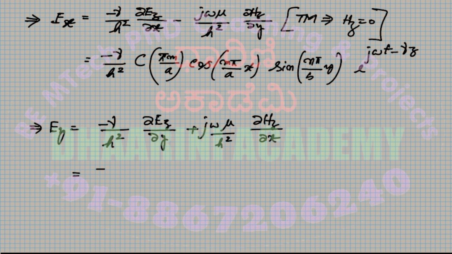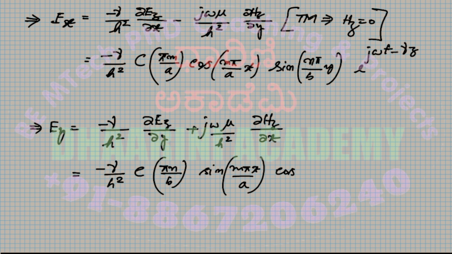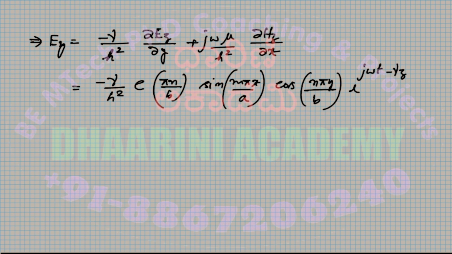After the substitution, I get gamma by h square into the constant c, n pi divided by b, sine of m pi x by a, the sine becomes cos, cos of n pi y divided by b into e to the power j omega t minus gamma z. So that's the equation for the electric field along the y direction for the TM wave. So Ex and Ey are over.